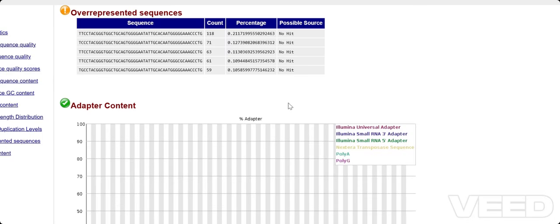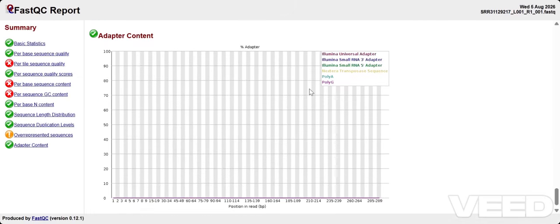And last, adapter content. During library preparation, short adapter sequences are attached to DNA or RNA fragments so that the sequencing machine can process them. These adapters are useful during sequencing, but they are not part of our biological sequences of interest.